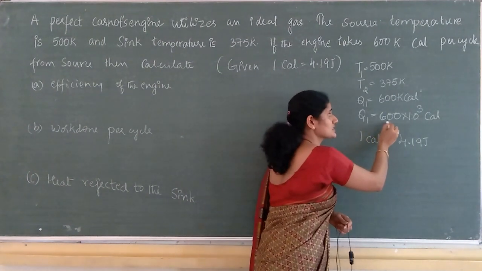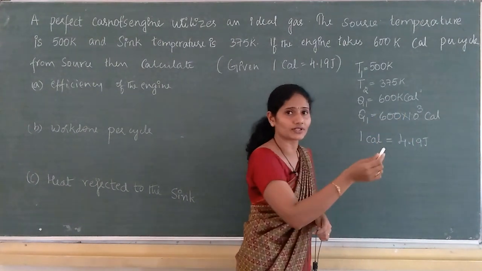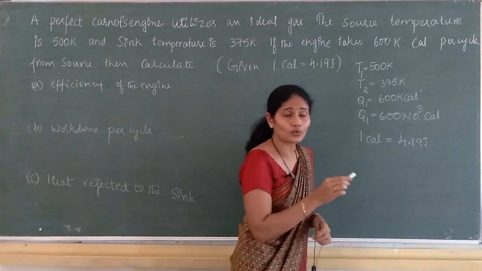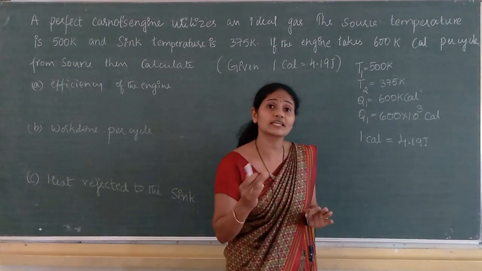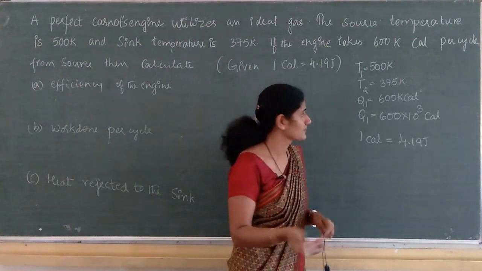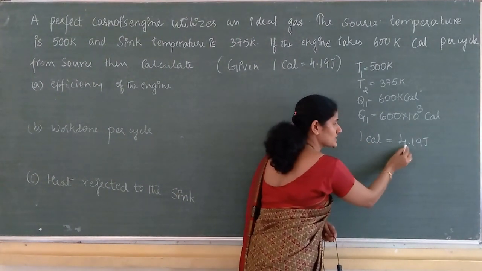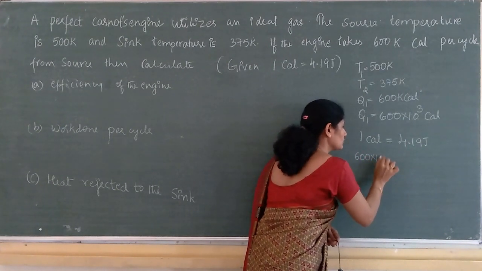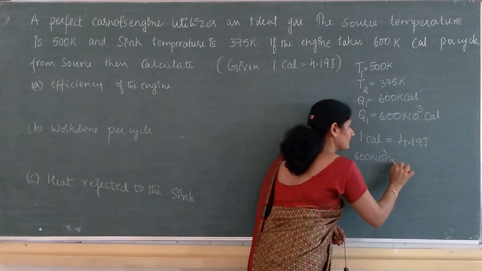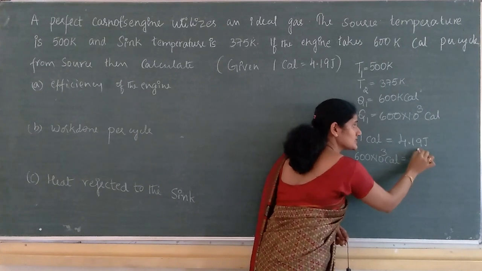Here we have 600 into 10 to the power 3 calorie. Then 600 into 10 to the power 3 calorie is equal to how much in joules?